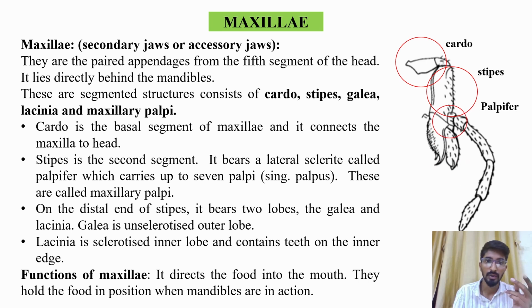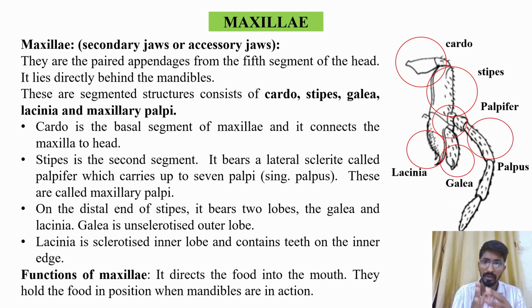There are two lobes present here, the inner lobe and outer lobe, which are the galea and lacinia, and you can also see the maxillary palpi. Cardo is the basal segment which attaches the maxilla to the head, whereas stipes is the second segment.